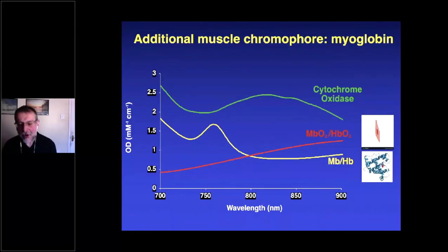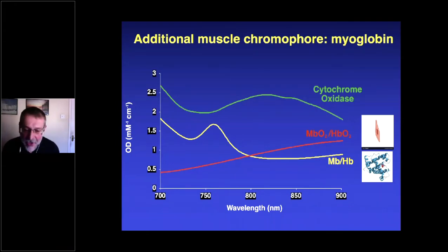There's also another protein that I'm not going to talk about much, but I'm happy to discuss later after the presentation. That's myoglobin. Inside the muscle cell, we have a protein involved in intracellular oxygen transport that looks exactly the same color in near infrared light as hemoglobin, so it absorbs the same near infrared light, and therefore you can't tell it apart.